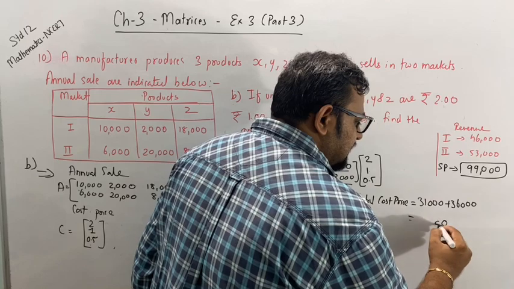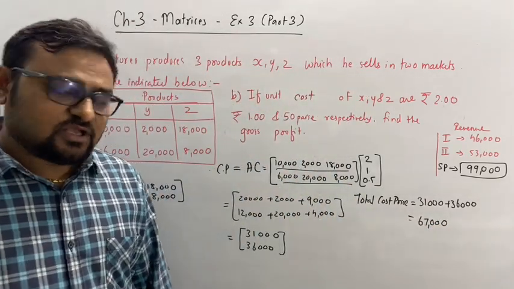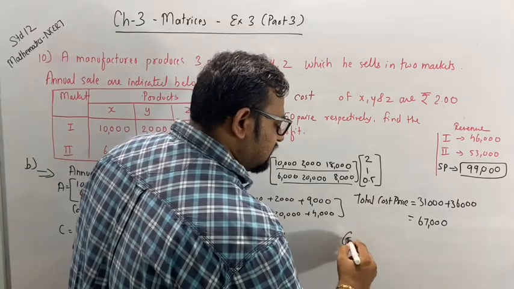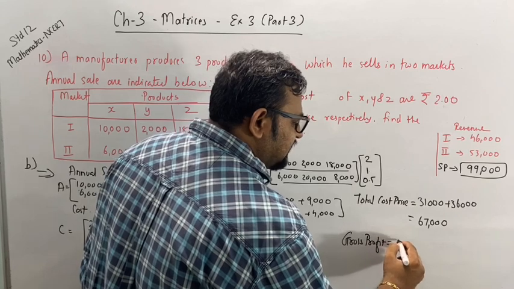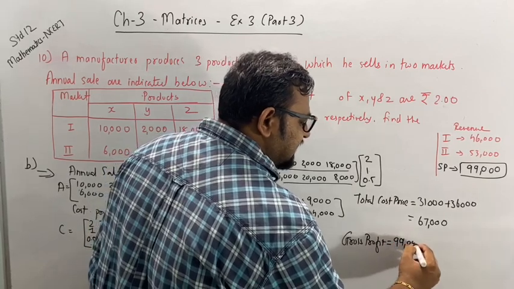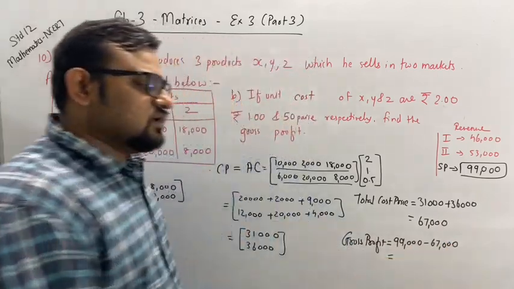So this will be 67,000. So profit, what is gross profit? Selling price, that is 99,000 minus 67,000. Clear?